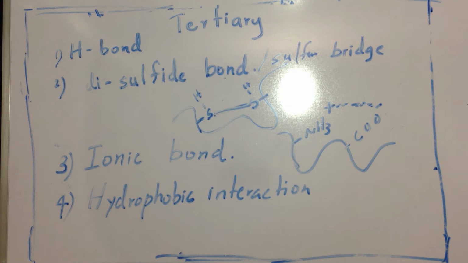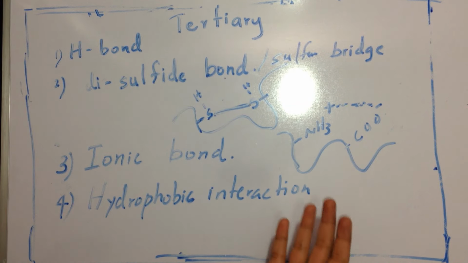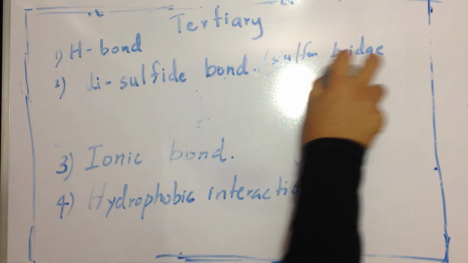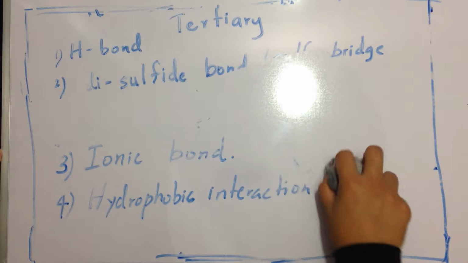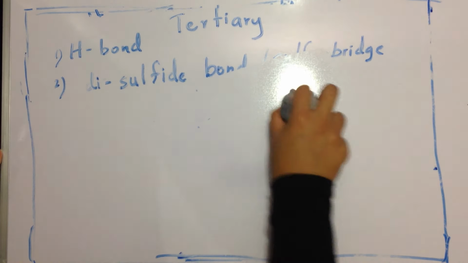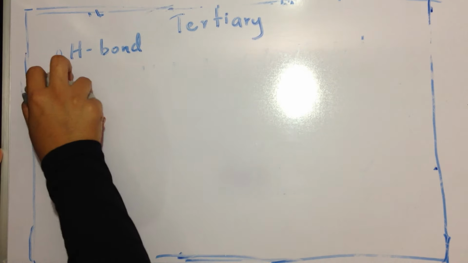Okay, so what is hydrophobic? If you can remember from what you learned in the plasma membrane structure, hydrophobic means they repel water. So some R groups, as I said earlier, are non-polar.